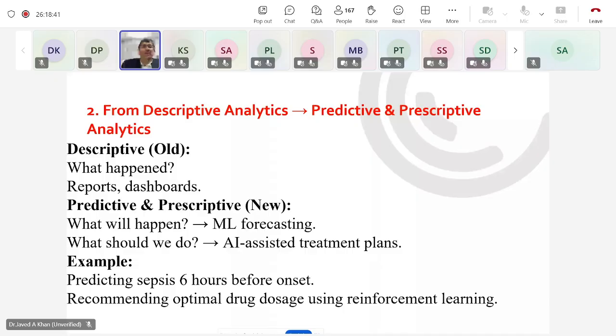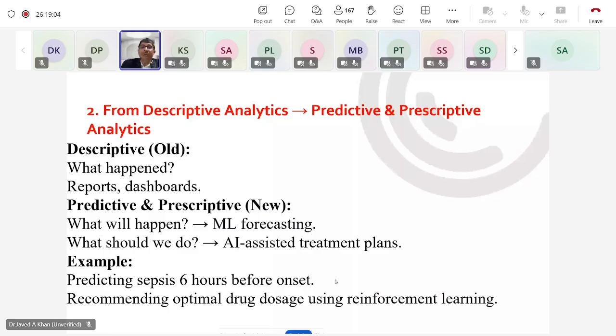The second one is from descriptive analytics to predictive and prescriptive analytics. In the old system, we used descriptive analytics: what happened, reports, dashboards, and so on. But now we are able to do predictive and prescriptive analysis. What will happen? The machine learning forecast.